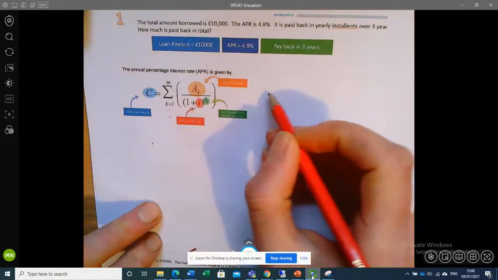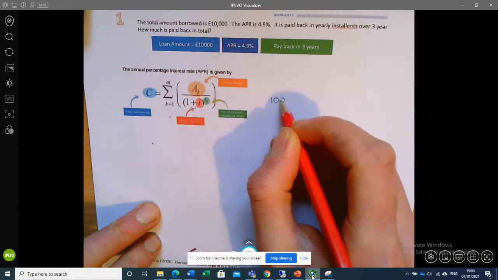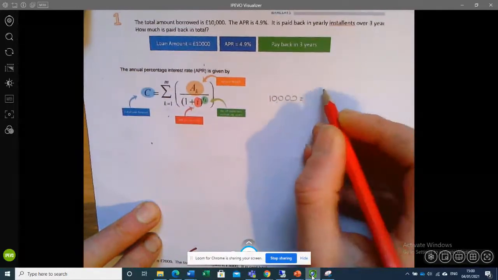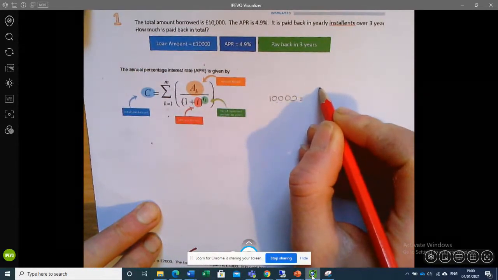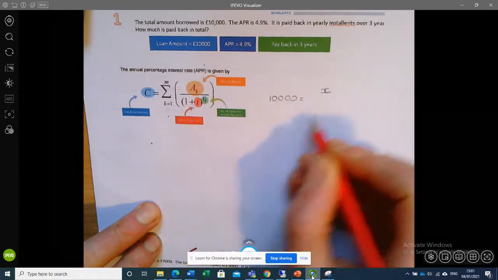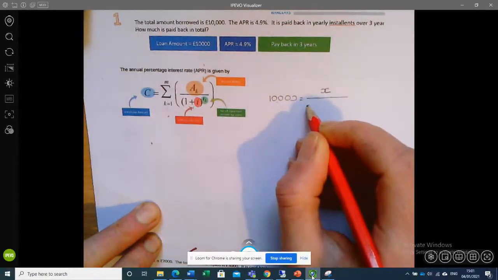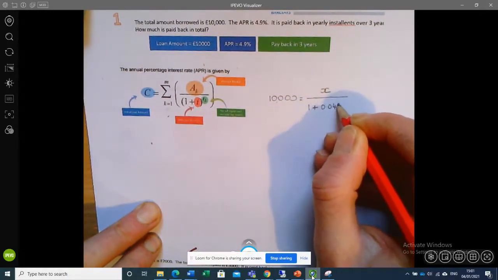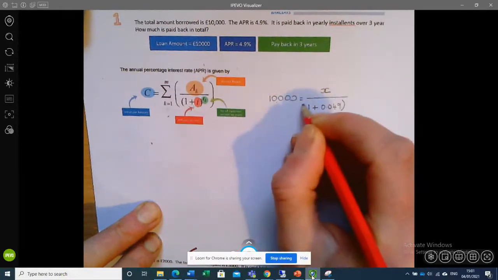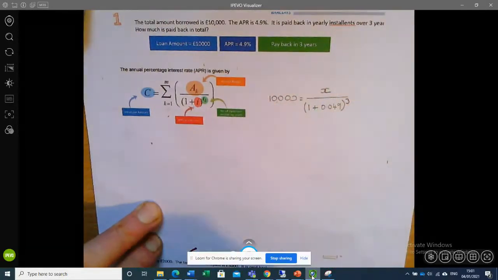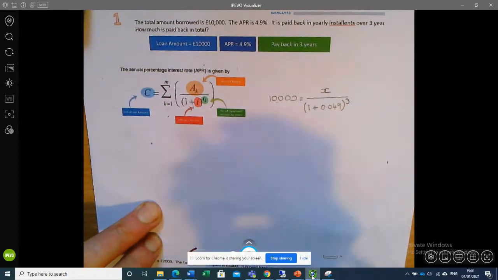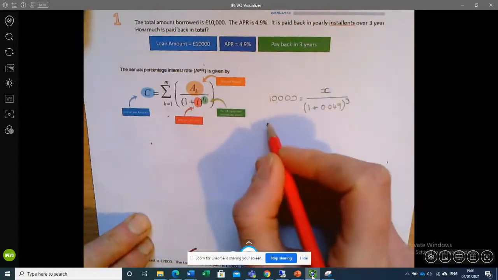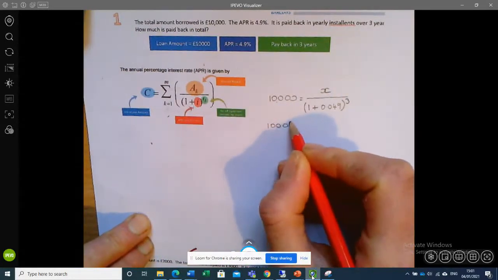Okay, so let's substitute those numbers in. So our £10,000 is equal to, now we can ignore this sum, and then we can write our total amount to be repaid. We want to know that, so I'm going to put that as X. It's X over 1 plus our 0.049, and that is to the power of 3, because we're going to do it in 3 annual repayments. Okay, so we can tidy up that bottom bit.